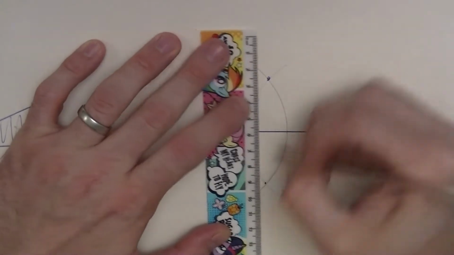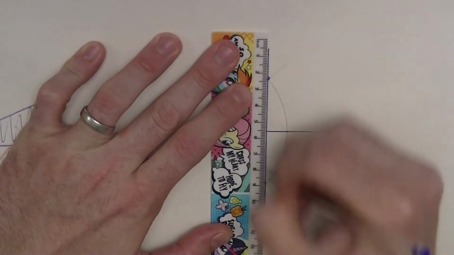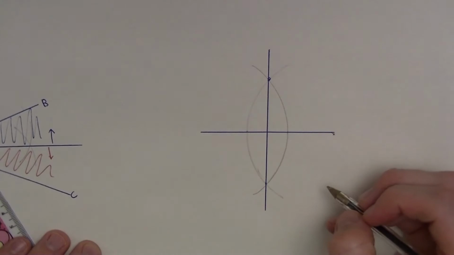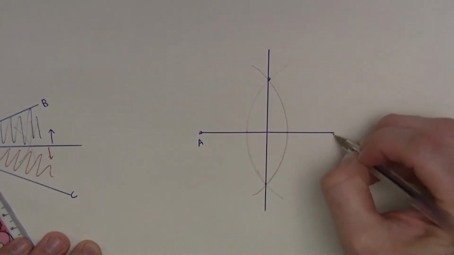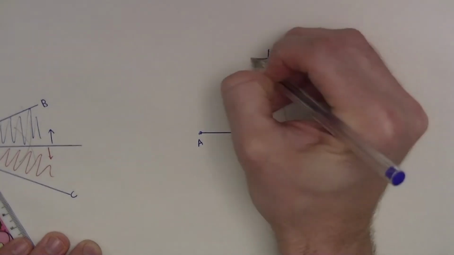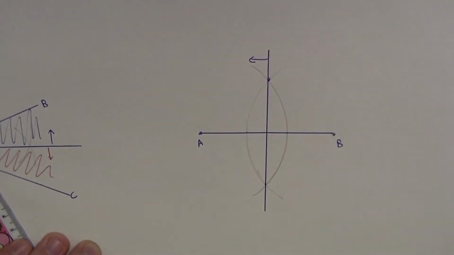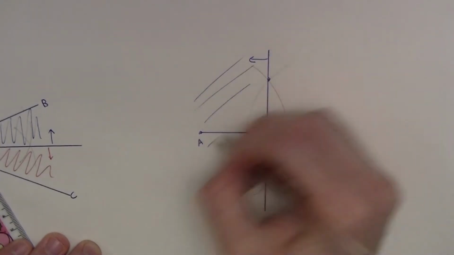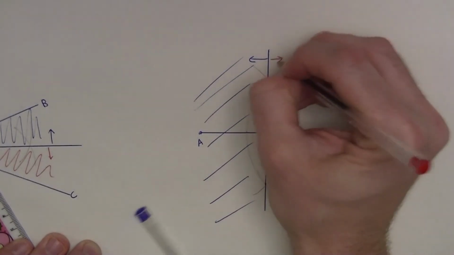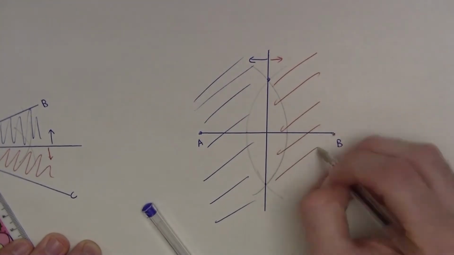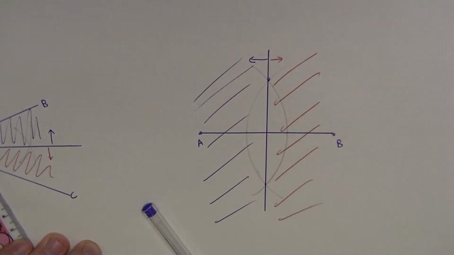Connect that intersection to that intersection. Again, in the context of a loci question, if I call that point A and point B, anything to the left of this is nearer to point A, anything to the right is nearer to point B.